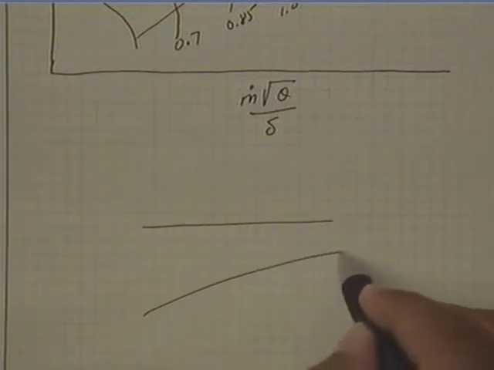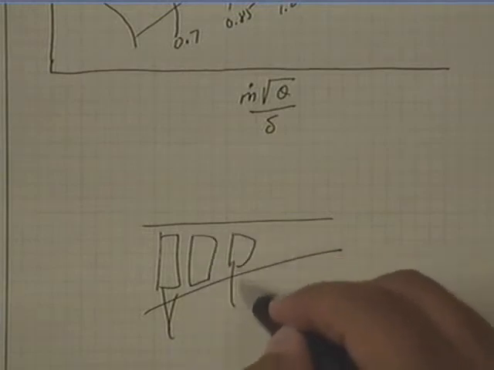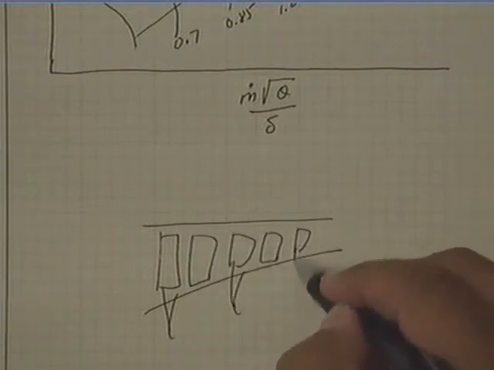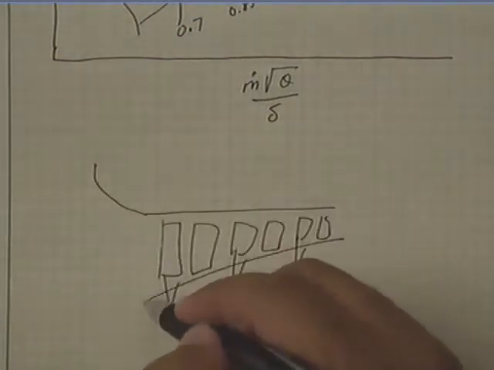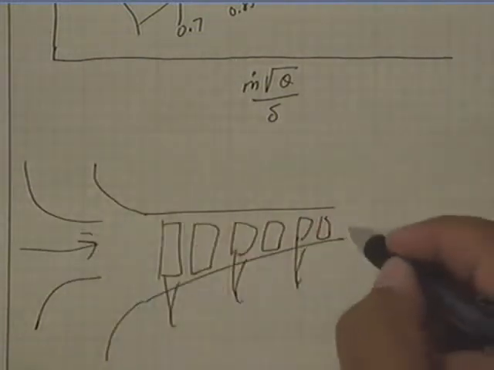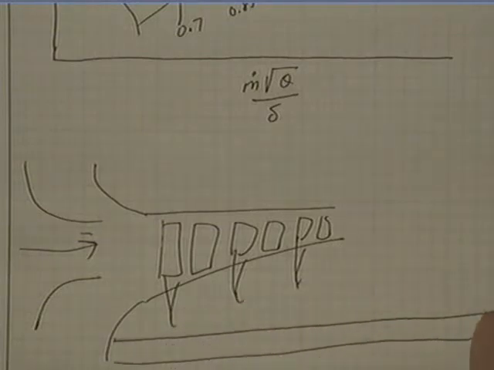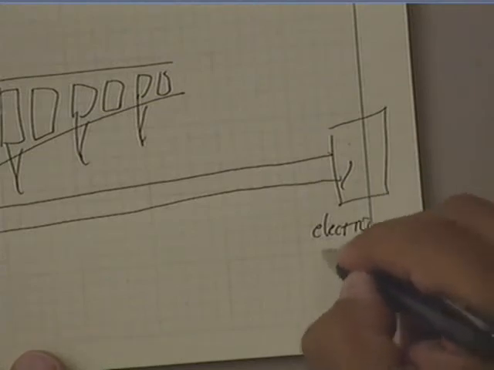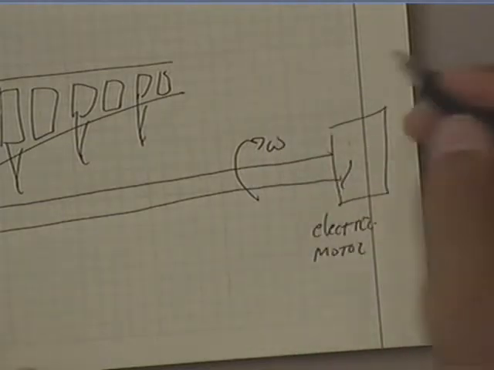Here is our typical generic picture of, in this case, a multi-stage axial compressor, right? You'd hook it up to some bell mouth here. If this is stationary in a laboratory, it would just start pumping, and this is all on a shaft hooked up to some electric motor giving it some rotational velocity.